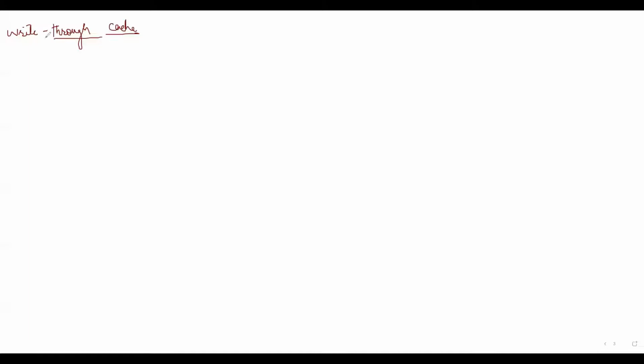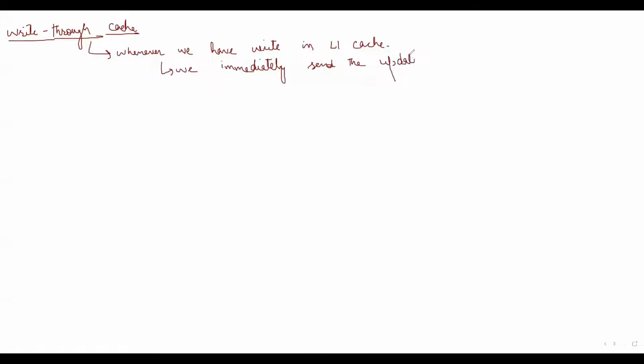In the write through cache, whenever we have a write in the L1 cache or in any cache, we immediately send the update to all the lower levels.